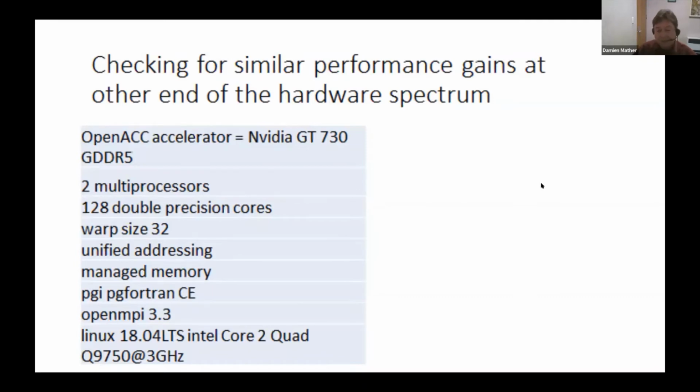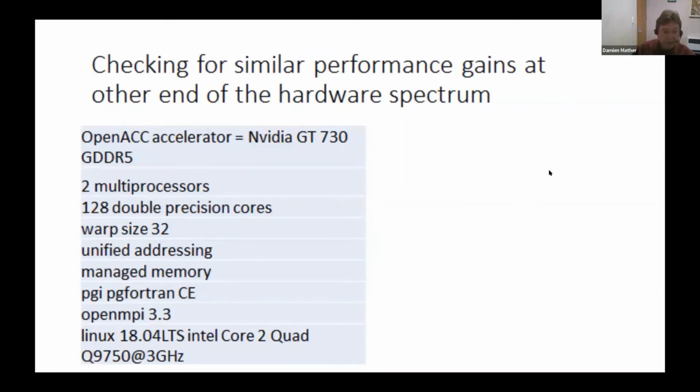But this is what this older platform looks like. The Core 2 Quad Q9750 3 gigahertz processor, and the processor upgrade these days only costs about $70, and the NVIDIA GT730 only costs about $70, so it's really cheap.